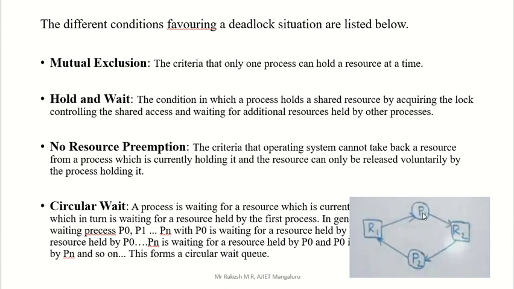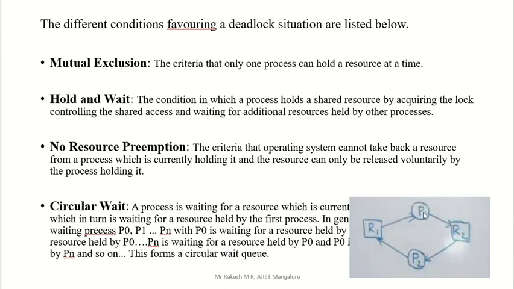P1 needs resource R2 for execution, but R2 is already assigned to P2. That is, P2 is holding R2. Like that, P2 is waiting for R1 to complete its execution, but R1 is already acquired by P1. So P1 is holding R1 and waiting for R2.